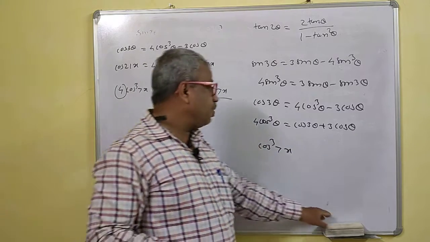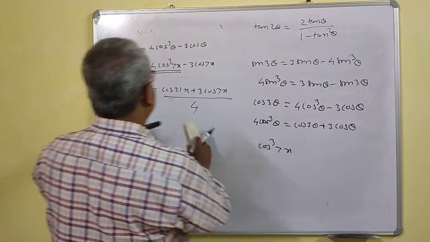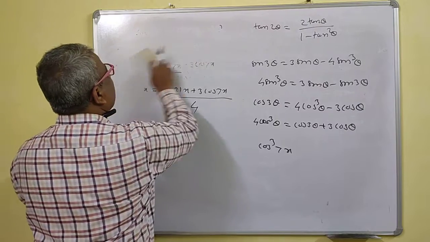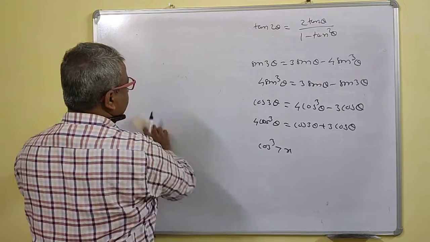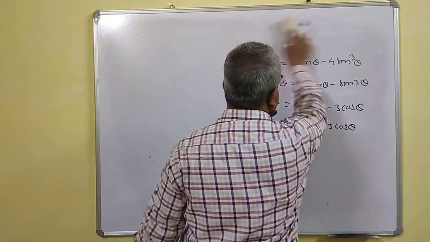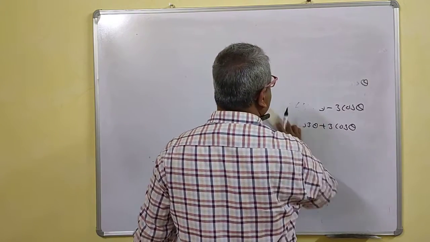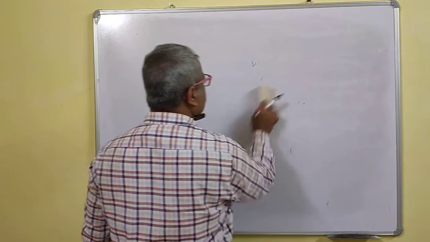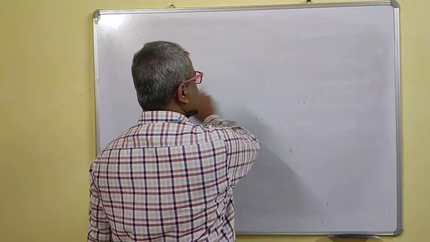You should remember the formula for cos 3 theta. The formula for tan 3 theta is not helpful for us and we are not using it, but you should remember it.